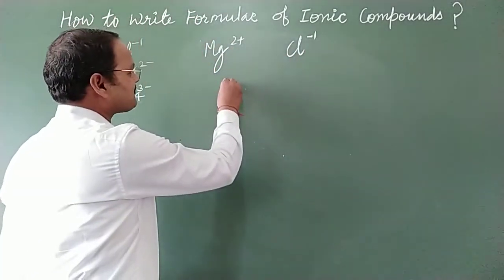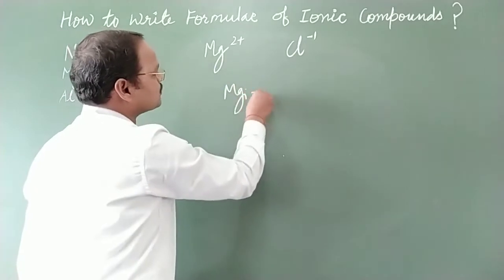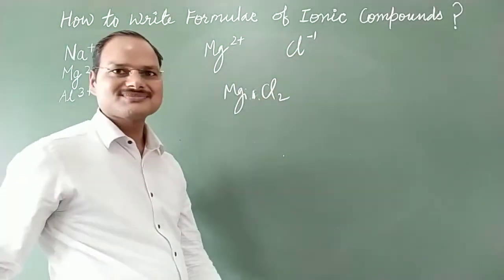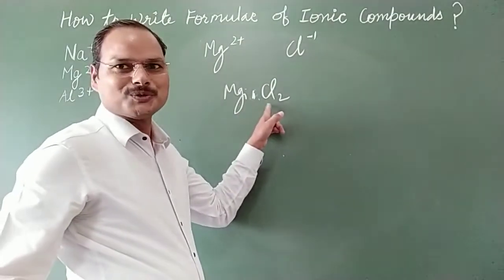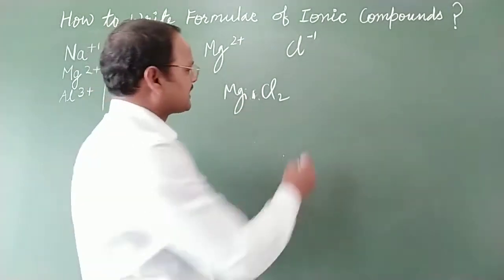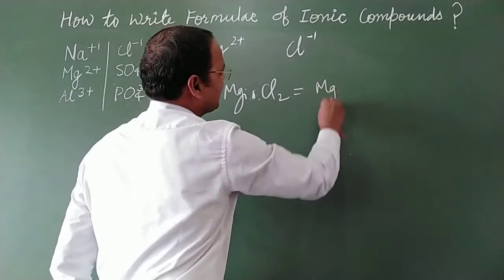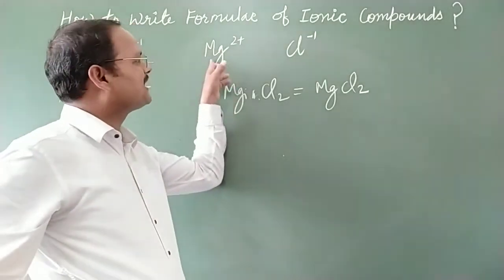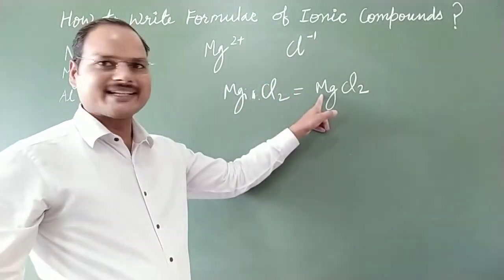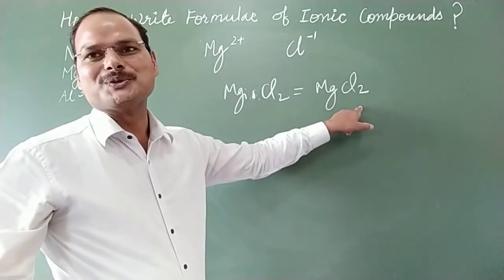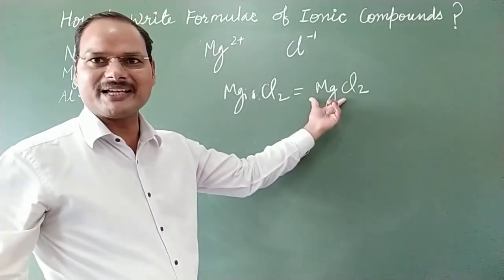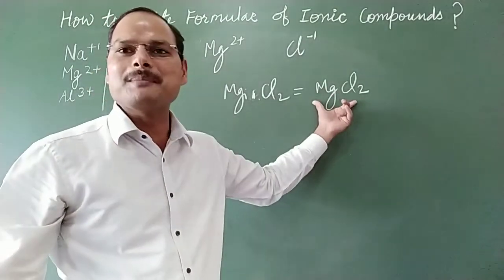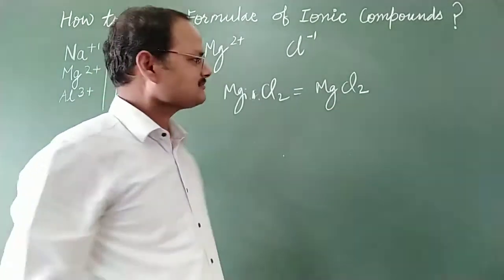So we will get Mg1Cl2. 1 is generally not written, and that's why we can write here MgCl2. What is the formula formed by joining magnesium and chlorine? We are getting MgCl2. The name of this ion is magnesium and this ion is chloride. Therefore, the name of this compound will be magnesium chloride.